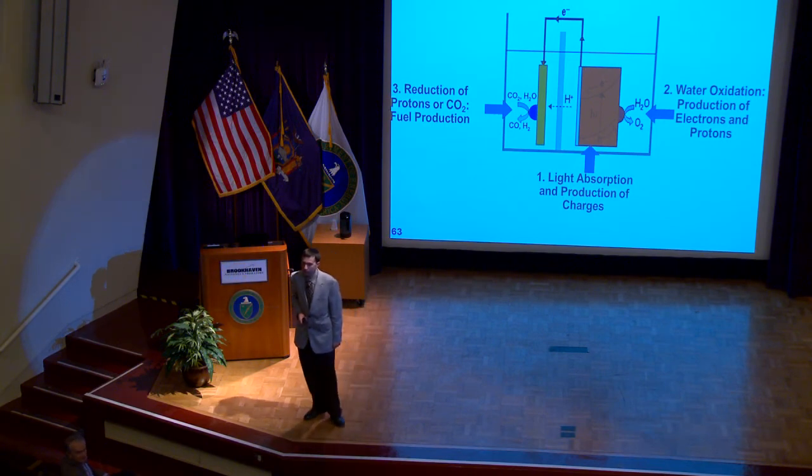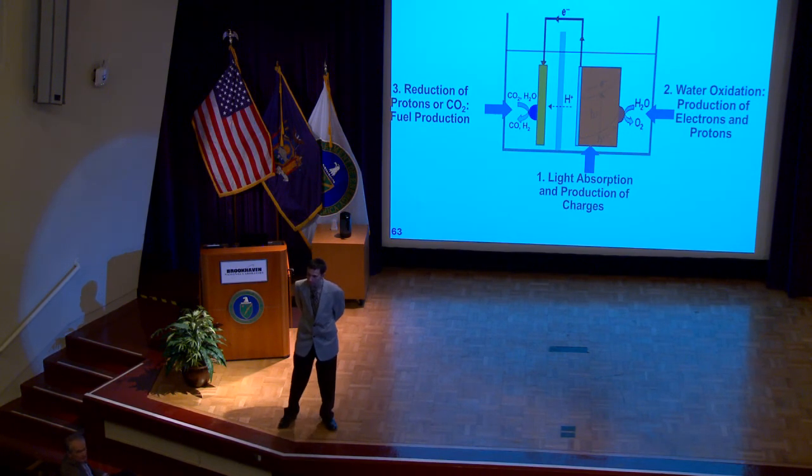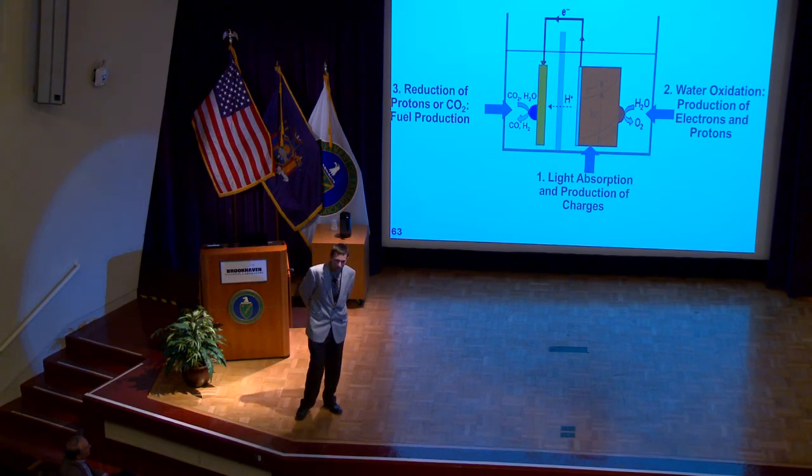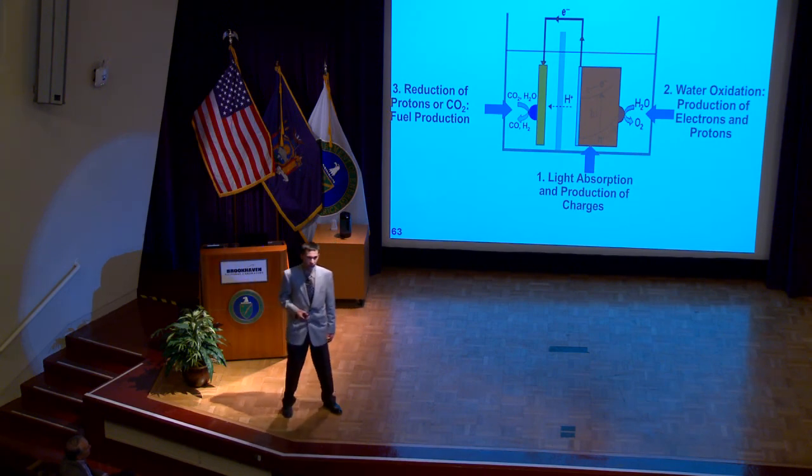Yes? You mentioned that the catalysts that you've been looking at don't have the stability that you need for industrial operation. How much insight do people have as to what it is that's destabilizing these catalysts? Okay, so the question was what are the factors which affect the stability of these catalysts?